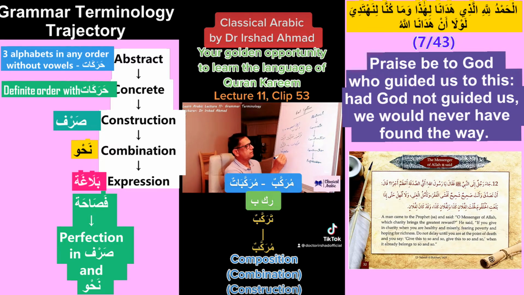This could be called combination. And we can use another word, construction. So that's the terminology which we are going to use for murakkabat. So we're going to put together individual words, mufradat, to make phrases and sentences.